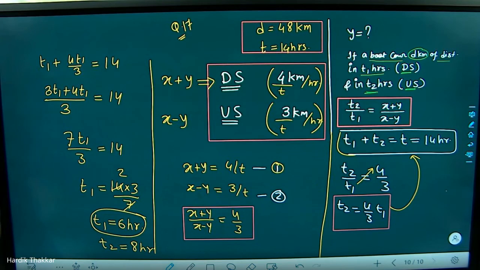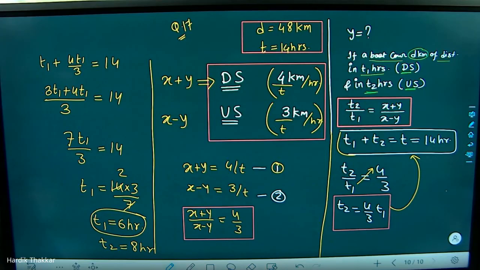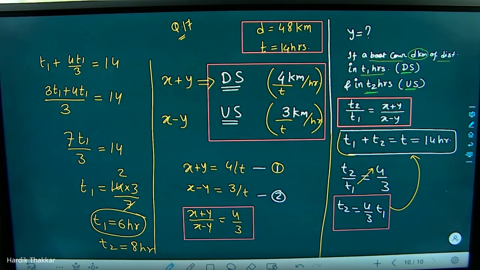Chevy, any doubt? No, sir. Priya? No sir, but wait a minute. Right now we have two different times. Like you said, for upstream it will be different, and for downstream also. But while writing equations, you have written it as t1 plus 4t1 upon 3.